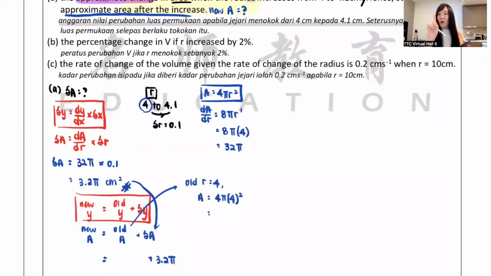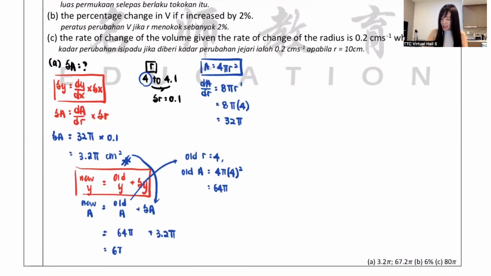You see, you have one old r, you sub inside the A, there will be the old A. This is how you always find the old thing. You have one old thing, you sub inside, you will get another old thing. So do you guys get 64 pi? So 64 pi plus 3.2 pi, at the end I guess getting 67.2 pi cm squared for my new area.